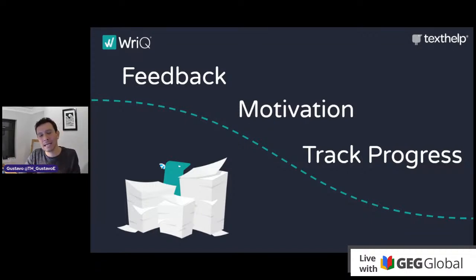You will be able to analyze how they are performing, how they are progressing over time, and potentially which students are staying a little bit behind and require some extra help. That's super powerful. And I'll show you the WriQ score, which is a very promising metric, because you'll see the power behind this in a little while.